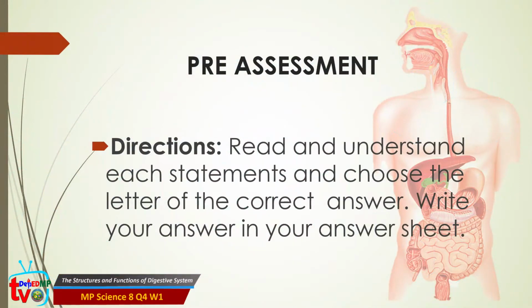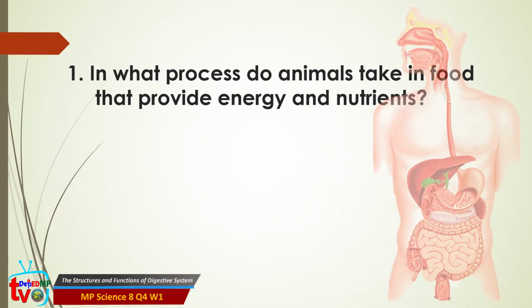To find out how much you know about the lesson, kindly answer the pre-test in your module. Here is the direction. Read and understand each statement and choose the letter of the correct answer. Write your answer in your answer sheet. Let us do item number 1.